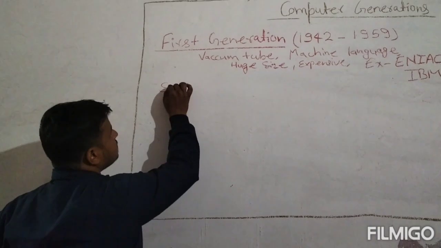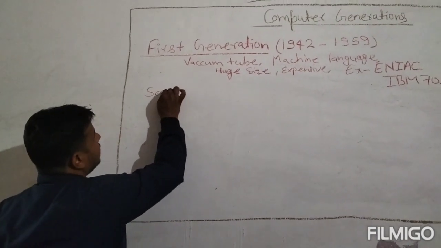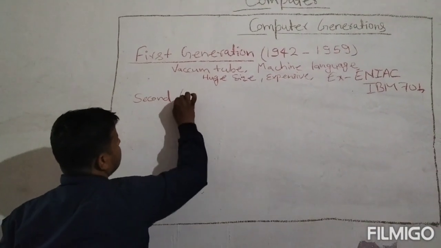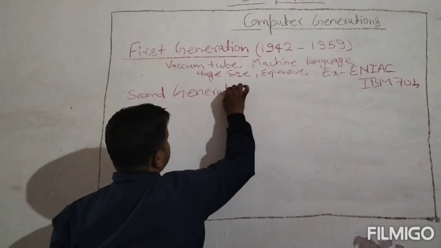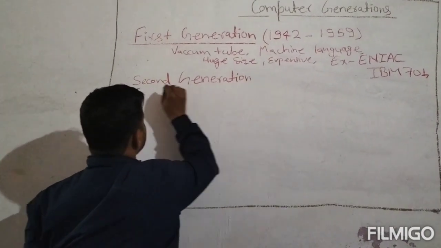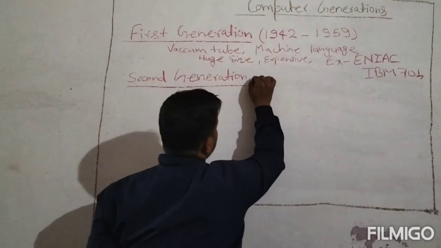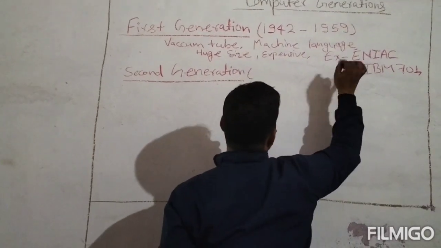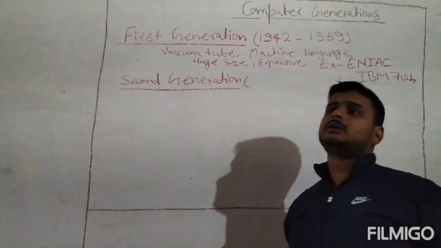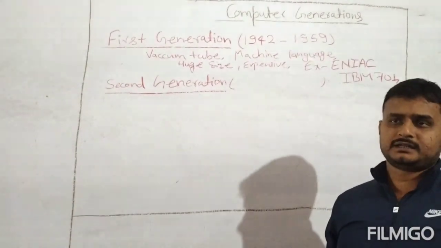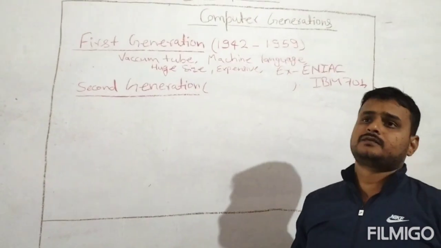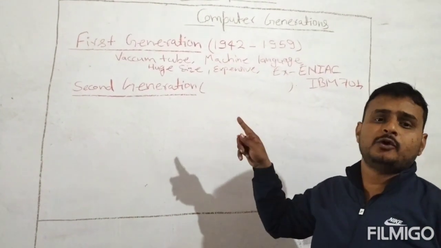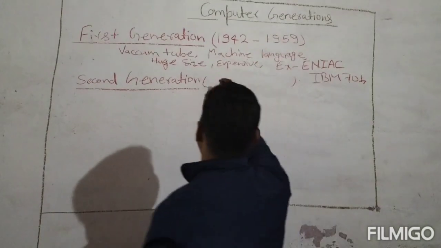We are going to discuss the second generation computers. Let's discuss the duration of second generation computers. The second generation duration is from 1959 to 1965.